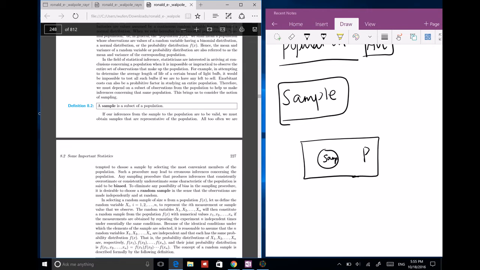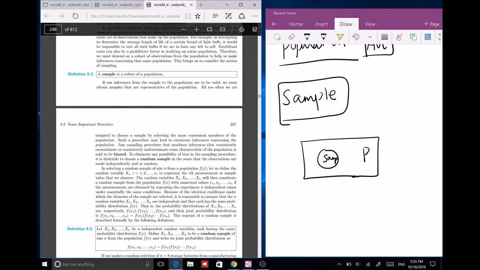We normally want to study the properties of the sample, and then use that to estimate the population parameter.